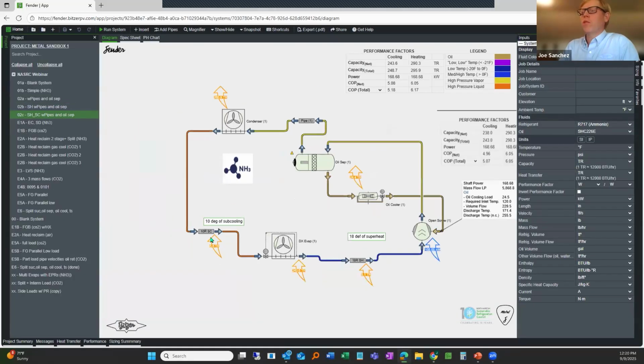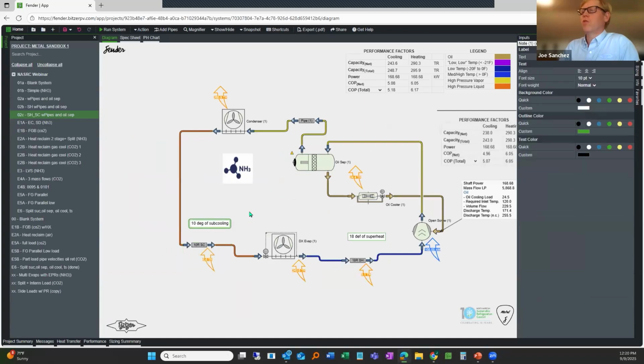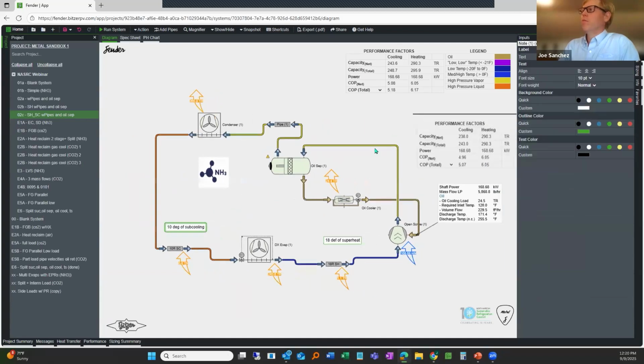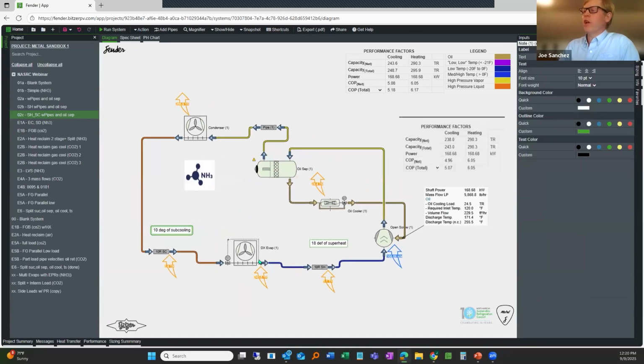So let's look at subcooling. Similar situation, but a little different. Here, we don't have a change in mass flow. We're still at that 5,868 because this has no bearing whatsoever on any of the inputs that affect a compressor. However, we did get an increase in cooling capacity, both from a net and a total.